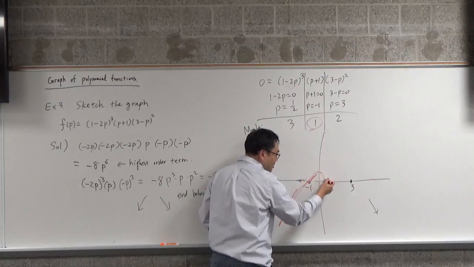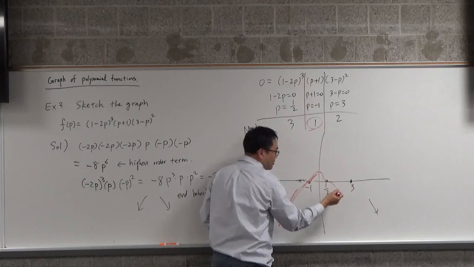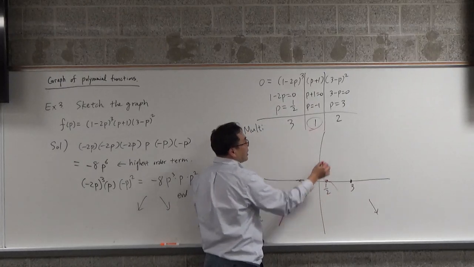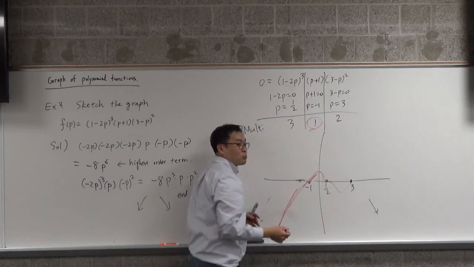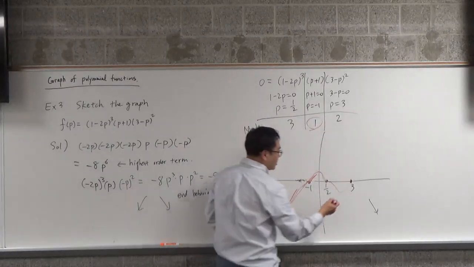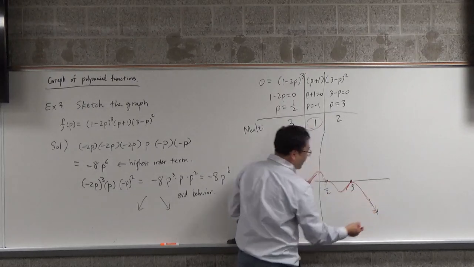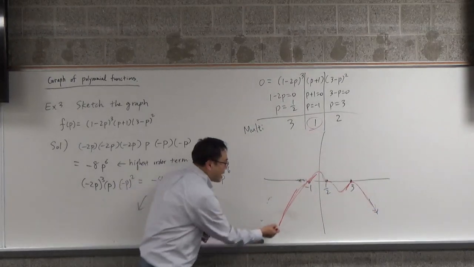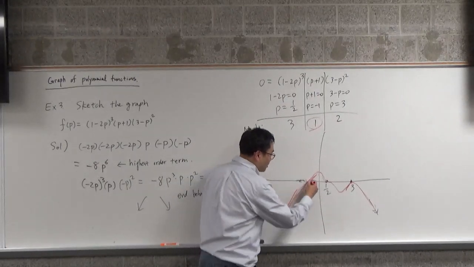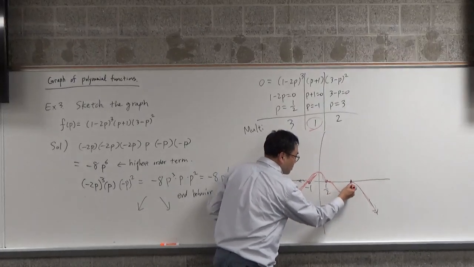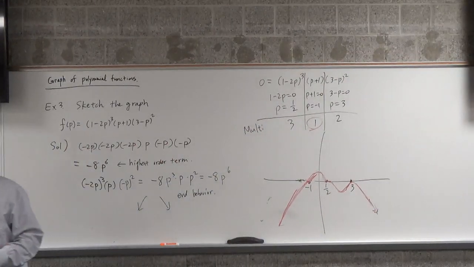It touches like a horizontal and then comes back. All right. And then at 3, what happens? It has to go back to 3. It's squared, even, so it bounces back. So it will be like this. And if you did this correctly, it's going to match with the end behavior. That's the graph. All good?